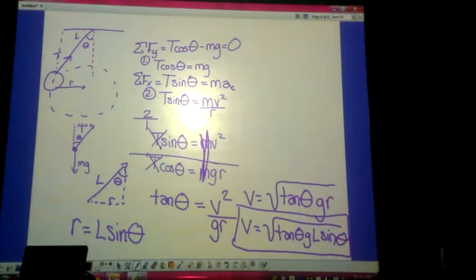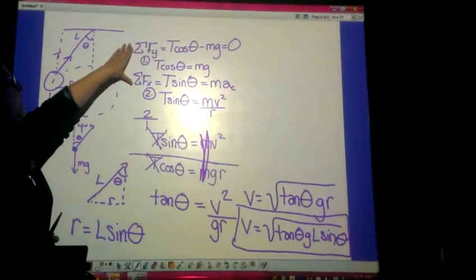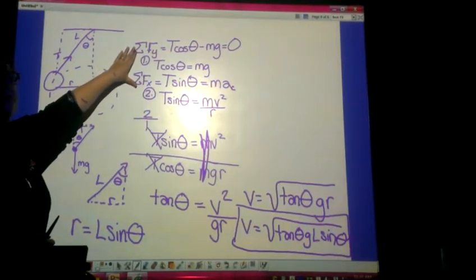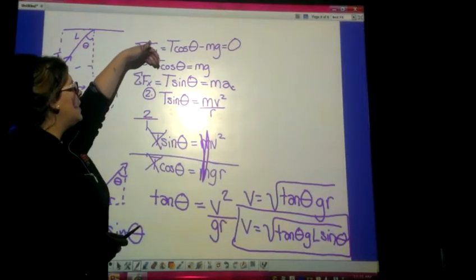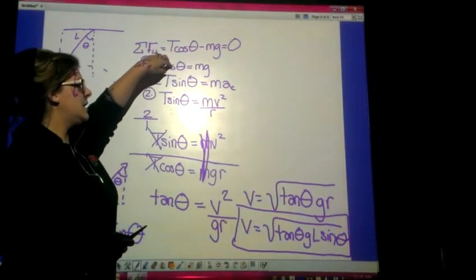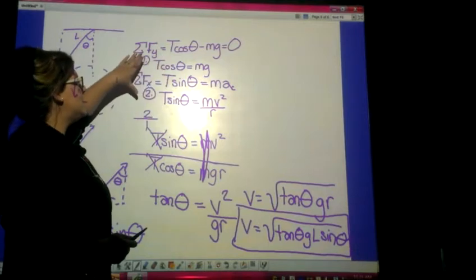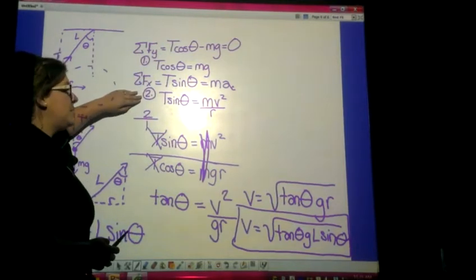Okay. So all we did, we utilized a free body diagram, and I wrote some of the forces in the y, some of the forces in the x. I set things equal to each other here, so this is going to be equation 1, this is going to be equation 2.